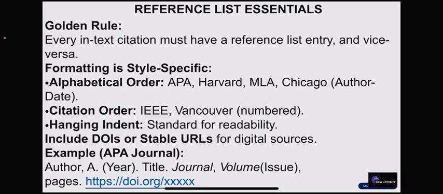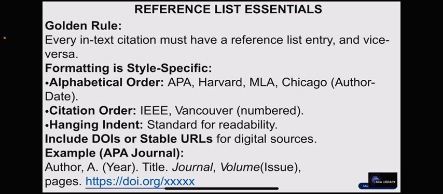It is always arranged with author first, then the date, in alphabetical order. So our citation order is for IEEE, Vancouver. They are numbered, and the hanging indent is the standard for readability. It includes DOIs or stable URLs for digital sources.